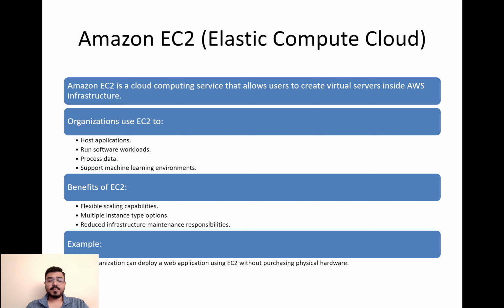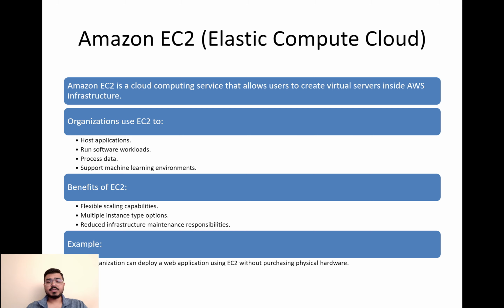Think about a company building a website. Traditionally, the company may need to purchase servers, networking equipment, and storage systems. This process can become expensive and require ongoing maintenance. With Amazon EC2, organizations can launch virtual servers within a minute. Companies only use the resources they need.